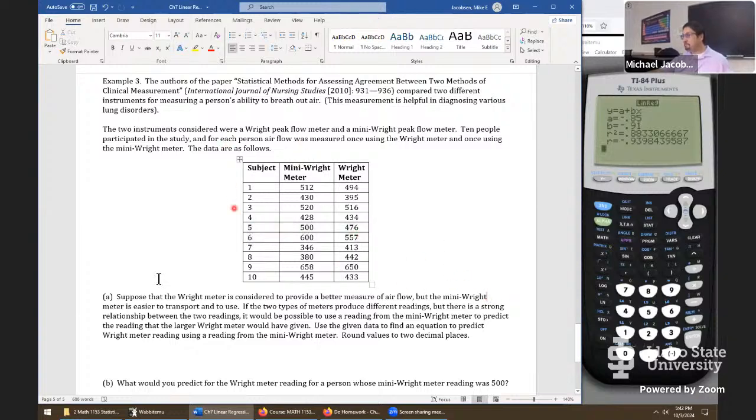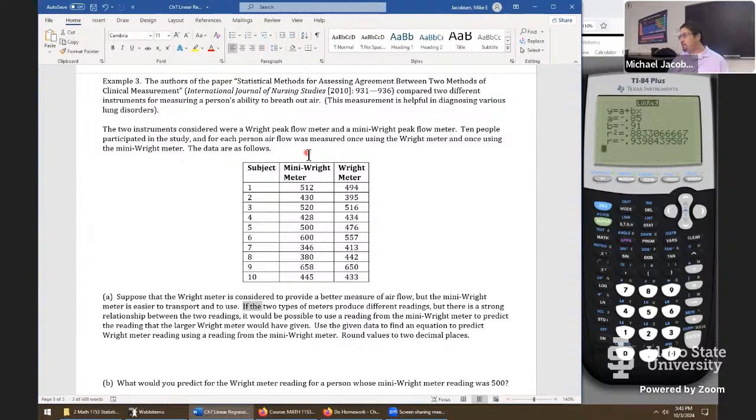Well, that's the data, and here's our part A. Part A says, suppose that the Wright meter is considered to provide the better measurement of airflow. So that's the gold standard, the big one. But the mini Wright meter is easier to transport and use. So imagine that you're maybe working for Doctors Without Borders, something like that. That would be a good thing in your toolkit, even if it's less accurate.